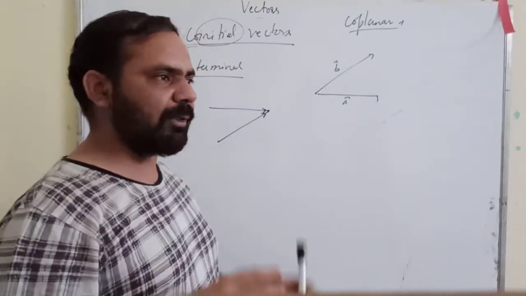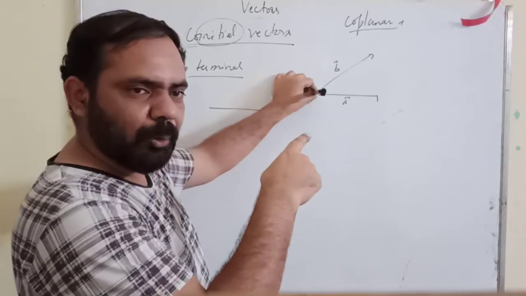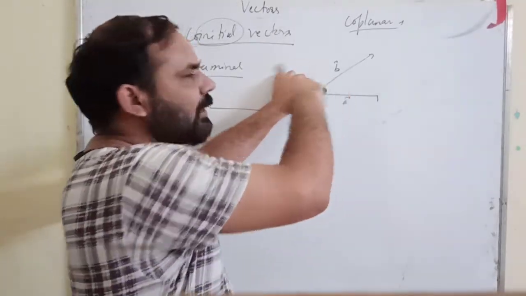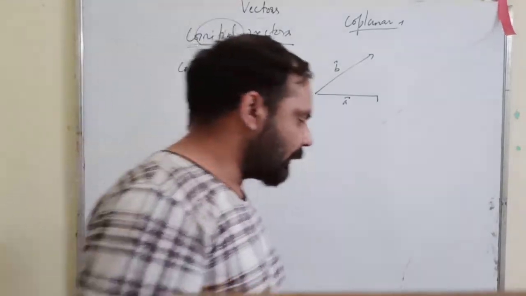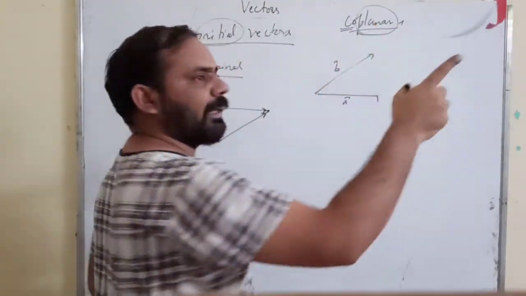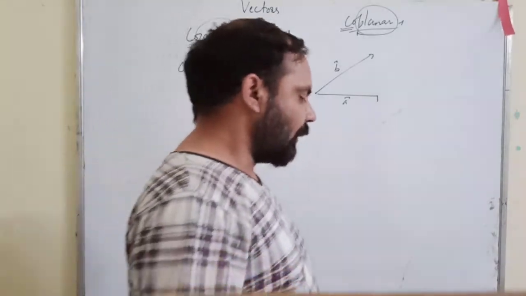There is no plane which can pass through A, B, C simultaneously. So AB are coplanar, AC are coplanar, BC are coplanar, but ABC together are not coplanar vectors. Coplanar means same plane. Vectors in the same plane are called coplanar vectors.